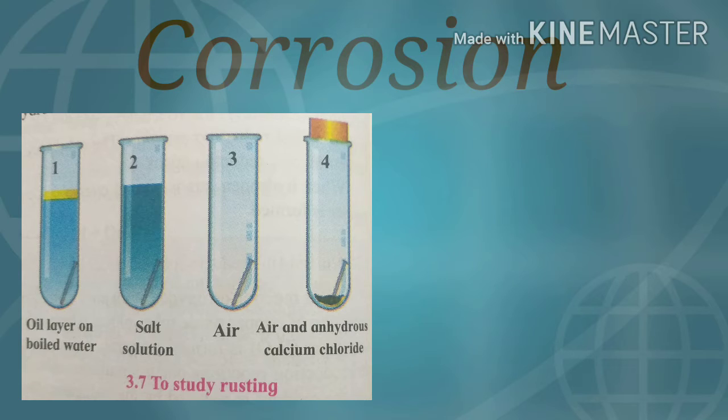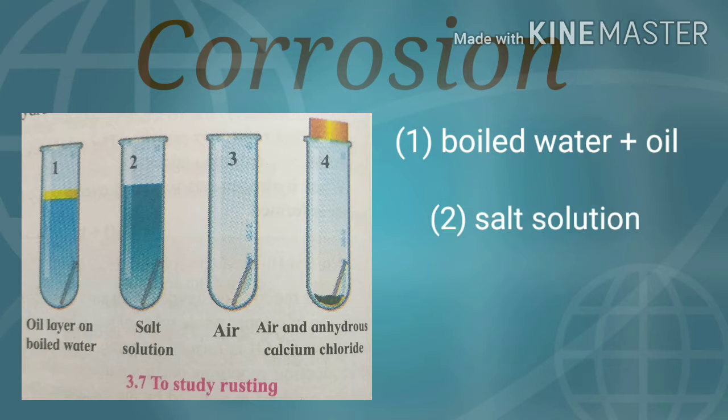Place 4 test tubes on a test tube stand. Take some boiled water in one test tube and put an oil layer on it. You can see figure number 1. Take some salt water in the second test tube. Let there be only air in the third test tube.